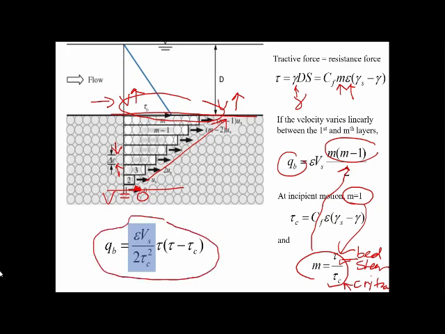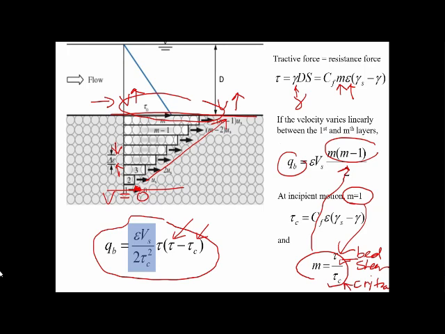Okay, now your QB is a function of your shear stress. Okay, it's a function of your shear stress. So if you look at here is your bed shear stress, and here is your critical shear stress. So you have to make sure that your bed shear stress is always greater than your critical shear stress in order for the sediment to move.